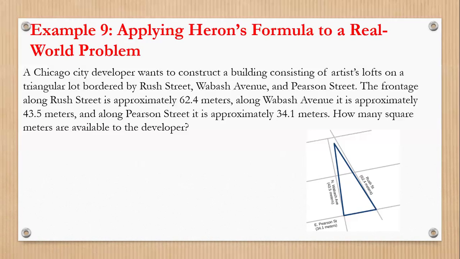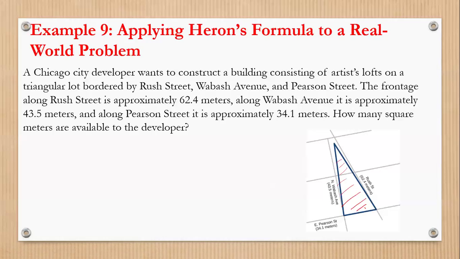When it says square meters, that means the area, because the sides are measured in meters. So when they ask how many square meters are available to the developer, it means the area of this triangle. And we find the area of a triangle when we have just three sides by using Heron's formula.